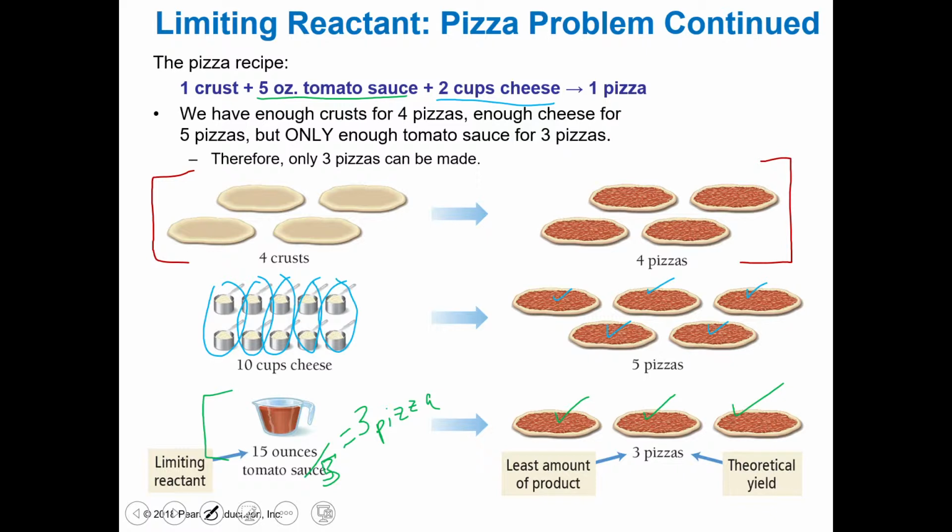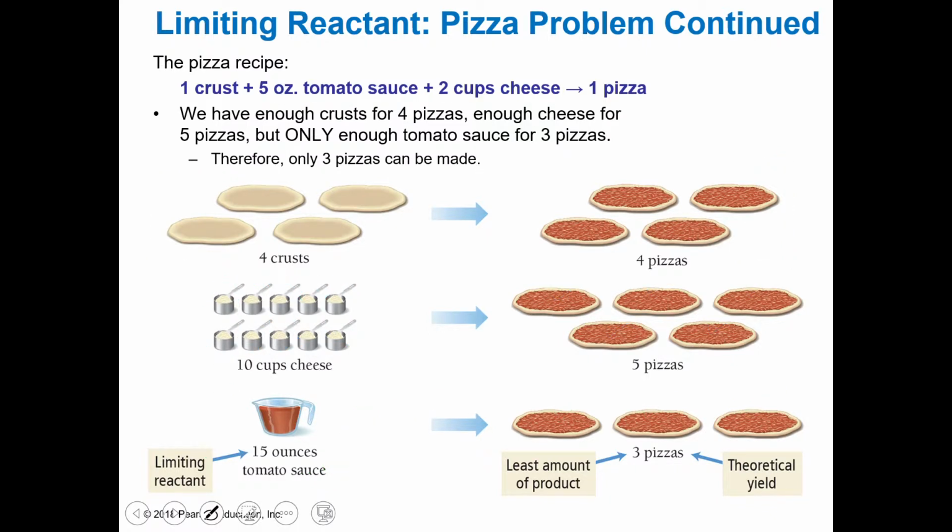So in this pizza scenario, the limiting reactant, or the limiting ingredient, to make my pizzas is the 15 ounces of tomato sauce I have. So it doesn't really matter that I have 4 crusts or that I have 10 cups of cheese. I only have 15 ounces of the sauce, so I can only make 3 pizzas.